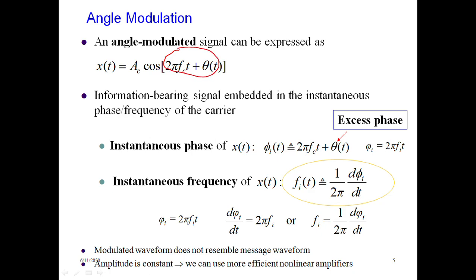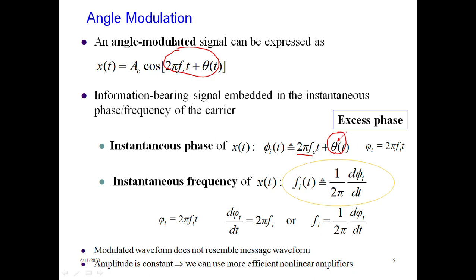The information will be embedded in either the phase or the frequency. What does that mean? For every modulating signal, we are going to have instantaneous phase and instantaneous frequency. This is the phase part and this is the frequency part, but the two of them together we call angle modulated.